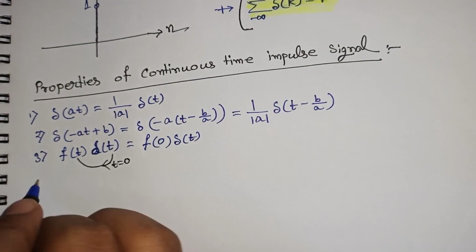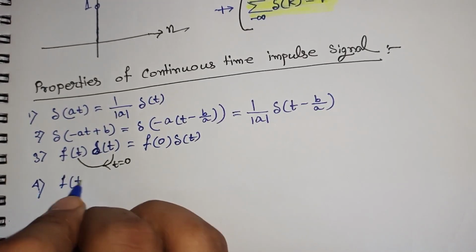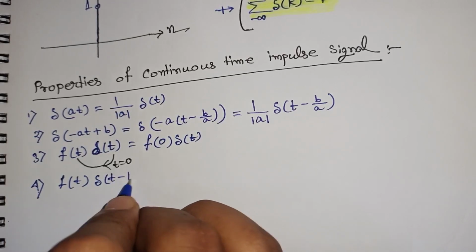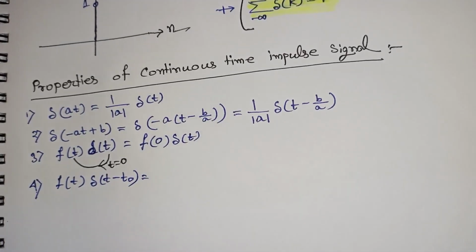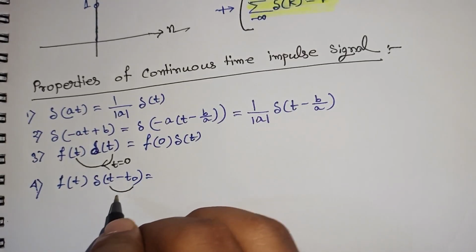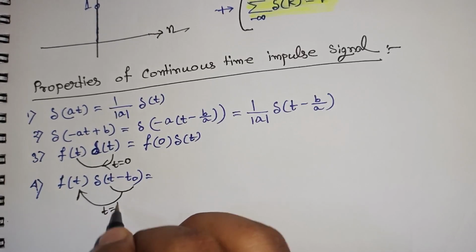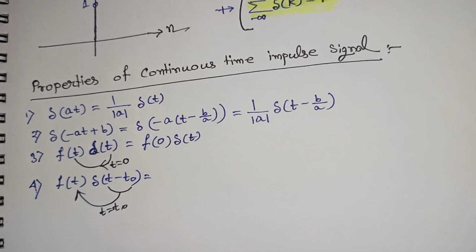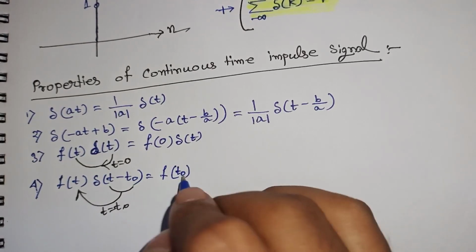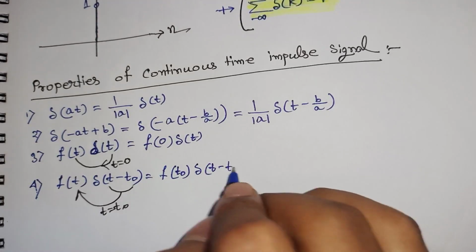Number 4 is similar to the third one, f t del t minus t naught. We know this del t minus t naught is defined at t equals to t naught. So put t equals to t naught in f t and multiply with del t minus t naught.